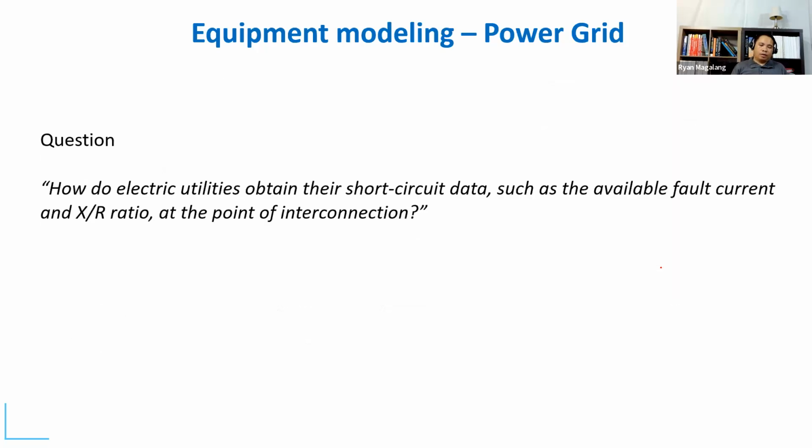Oh, there's a question here. How do electric utilities obtain their short circuit data, such as the available fault current and the XR ratio at the point of their connection? How do they know? How do they determine that? When you request that, where do they get that from?